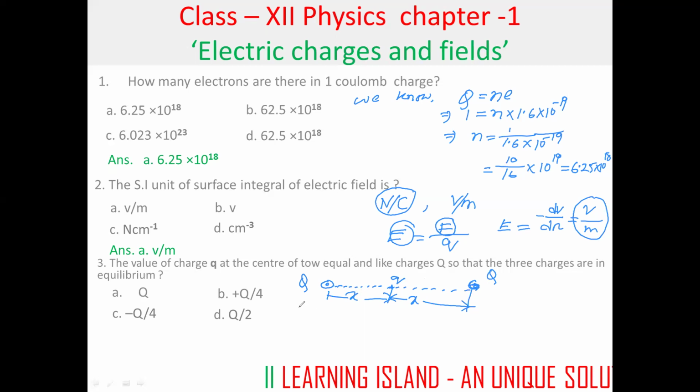Okay, so if I consider this capital Q charge with respect to these two charges, the force on this capital Q charge is F equal to the force due to this small q, K capital Q small q by x square, plus the force because of this capital Q on the capital Q. This will be K capital Q by 2x whole square because the distance is 2x.